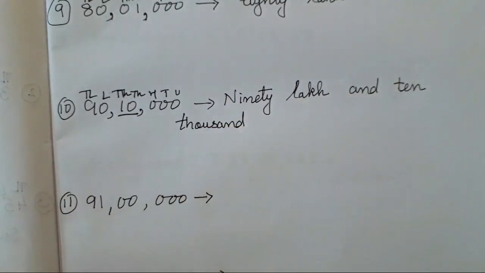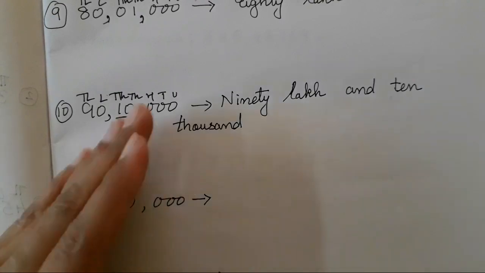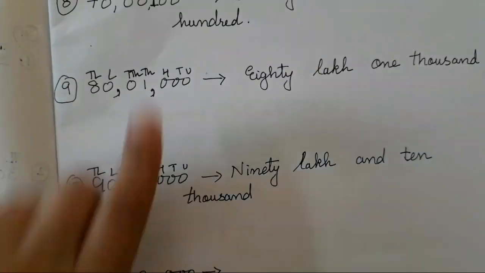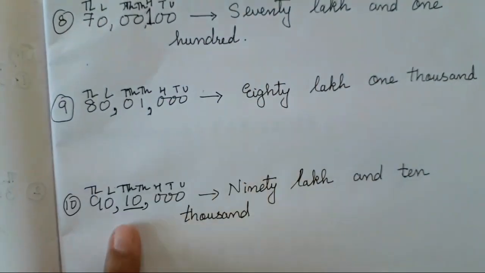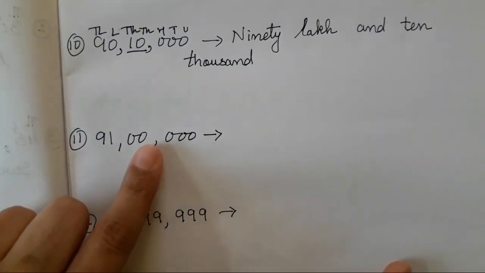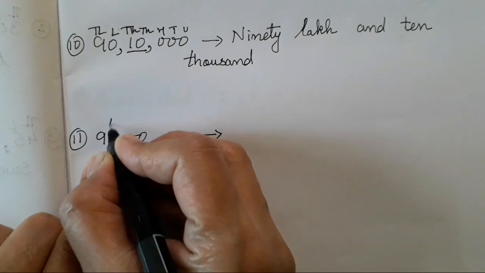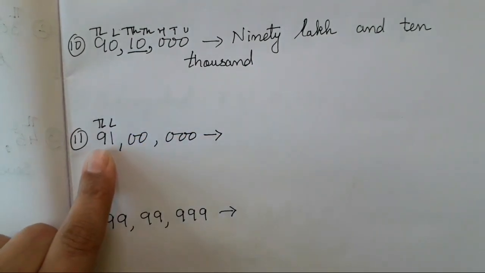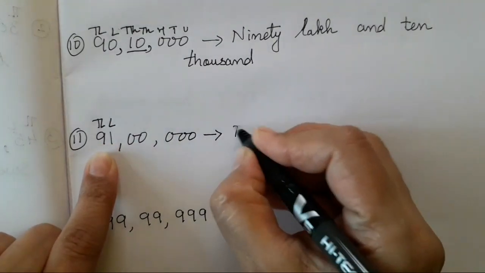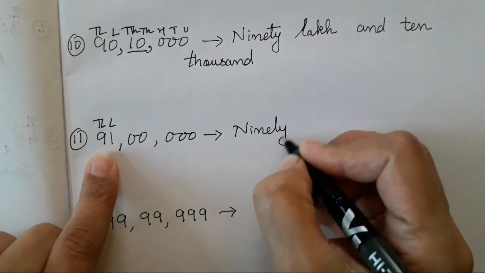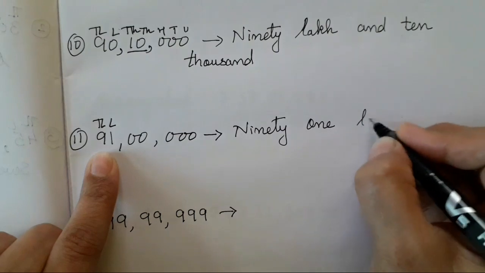Got it? I hope this is getting clear with the sums, because see they have just shifted the 1 over here so that you all will understand the main meaning. See, now the 1 is in the lakhs place. So this is lakh and this is 10 lakh. Directly I am writing it because we all know what the units are over here. Okay, so this is going to be 91 lakh.